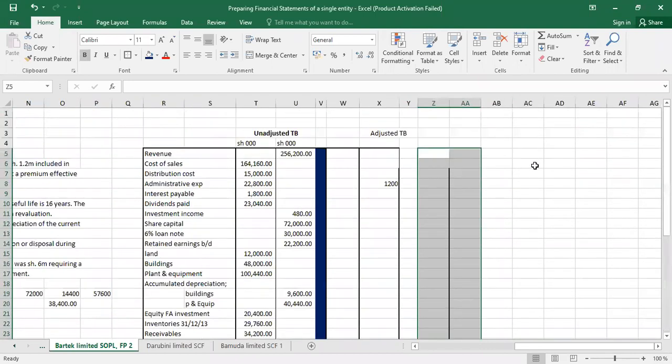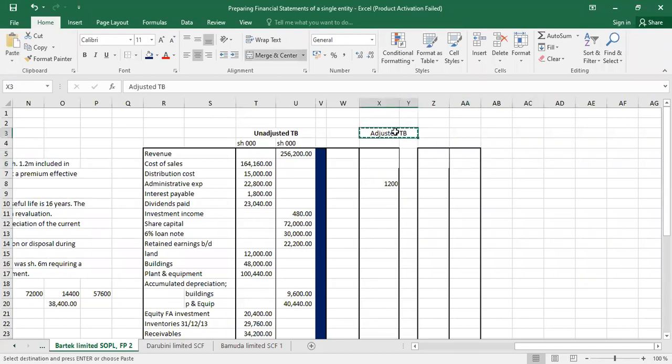Alt HBT. Alt HB, L for left border, isn't it? So the adjusted is here.